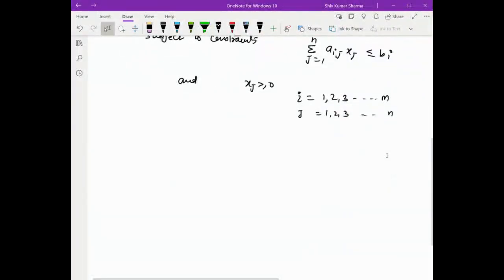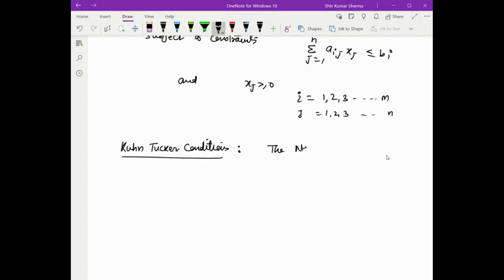So we have to remember all previous methods. That means we have used Kuhn-Tucker conditions and the Lagrange multiplier method. So we write the Kuhn-Tucker condition.